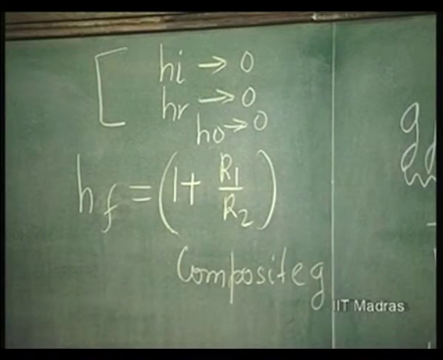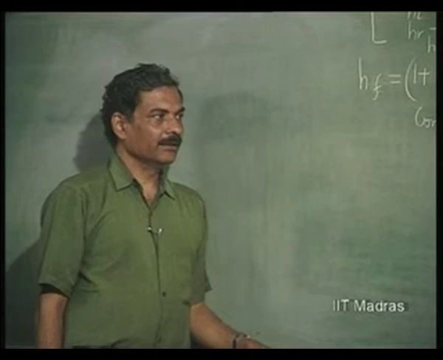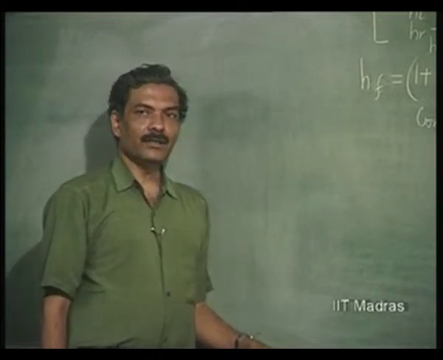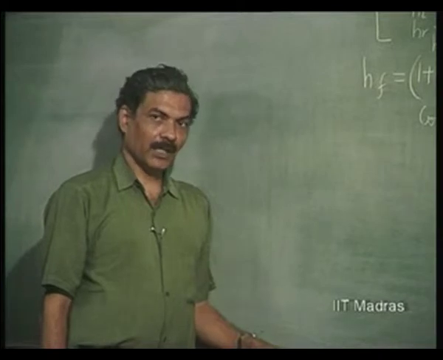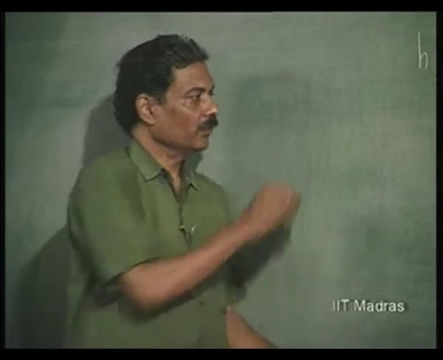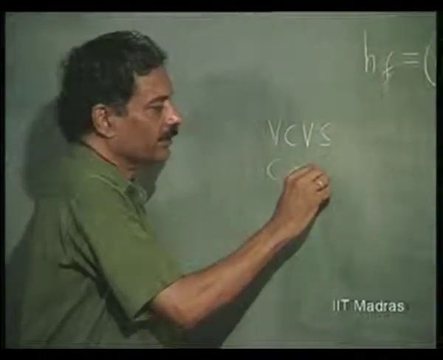Now, this completes essentially the realization of all the idealized sources. Now, there is another way of obtaining a voltage controlled voltage source and a current controlled current source.